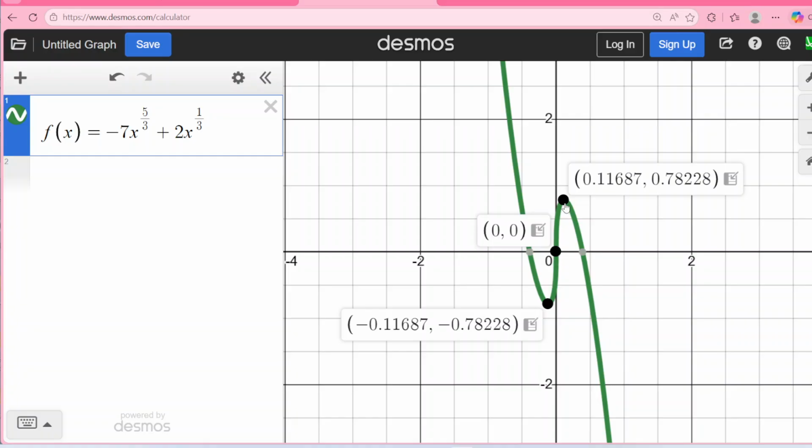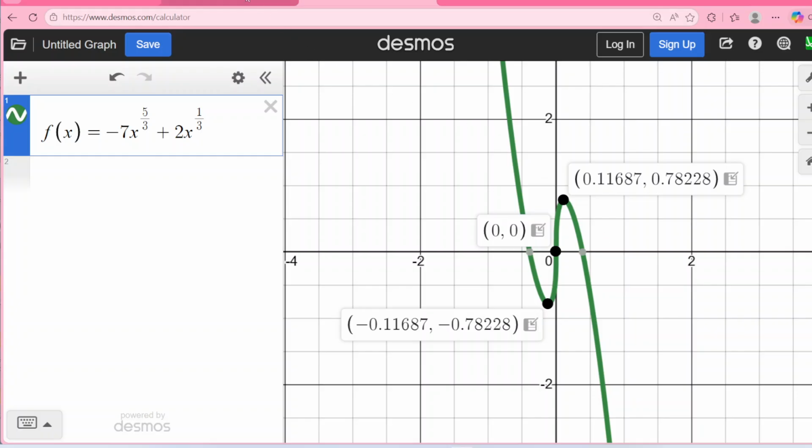But then remember 0.116, this was that 2/35 to the 3/4 power x value. So you're at the top of a hill there. You've got a local maximum value of this 0.78. And then you have a local minimum value of negative 0.78 at that opposite of 2/35 to the 3/4 power, the negative 0.11687. So you're seeing that in the picture.